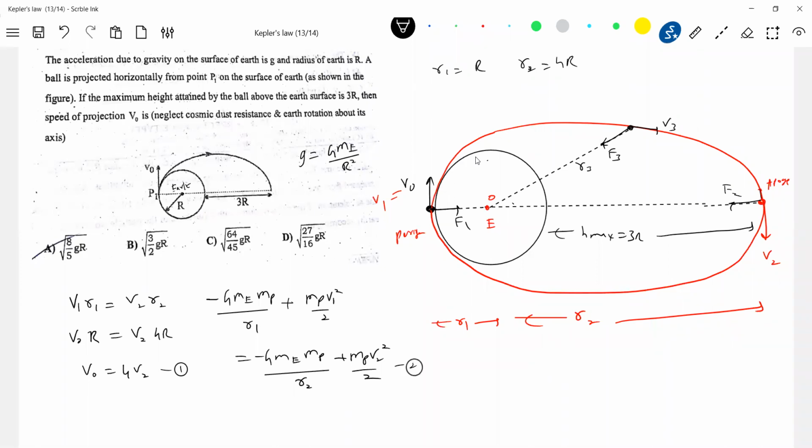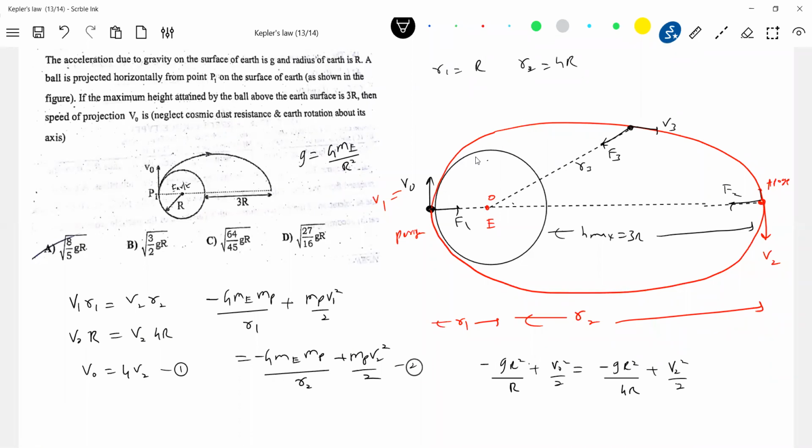The equation 2, I'll solve this further. This will become GME, what we can write? gR square. R1 is equal to R. Mass of particle will get eliminated. Plus V1 square by 2, where V1 square is V naught square by 2. This will be minus gR square by R2, which is 4R, plus V2 square by 2.